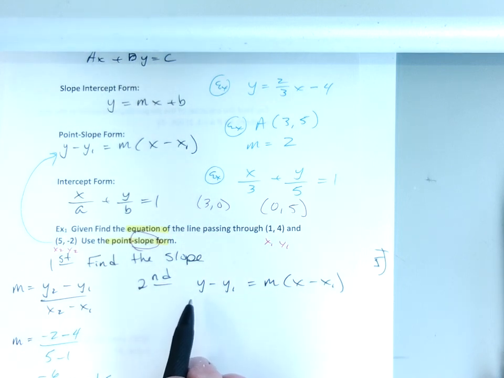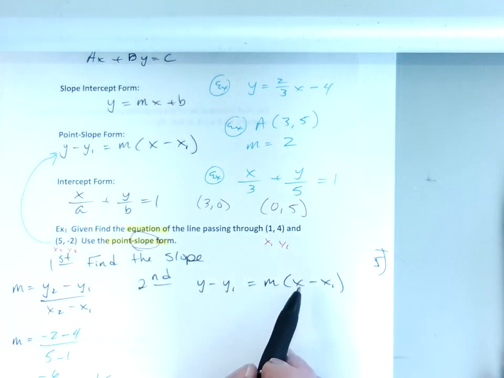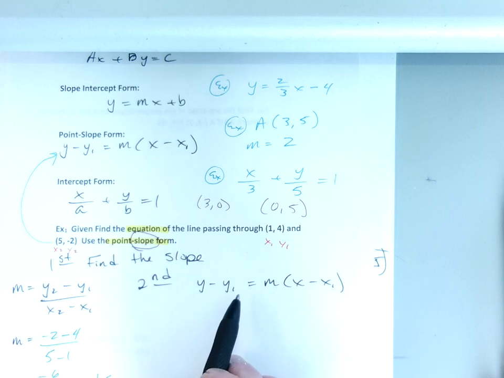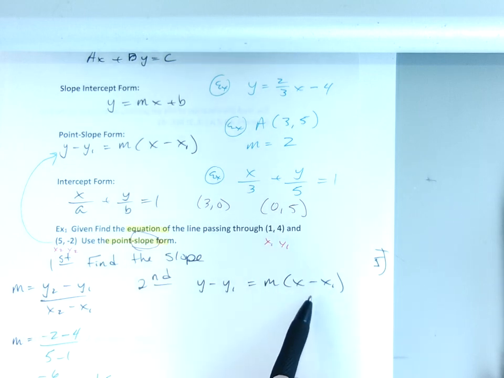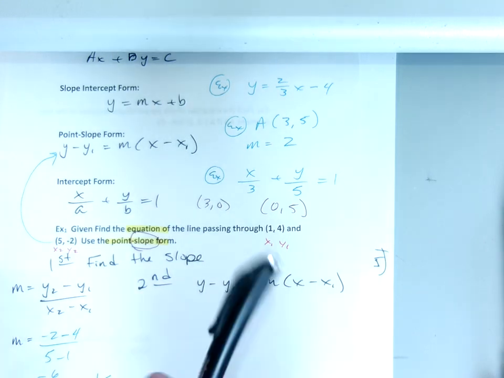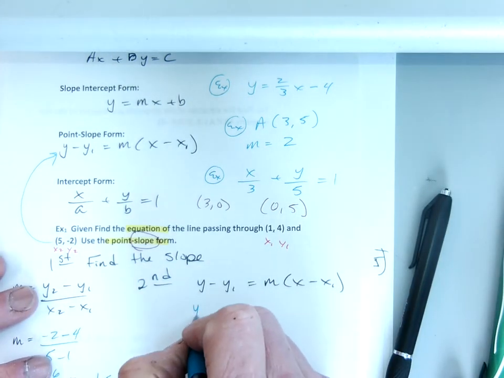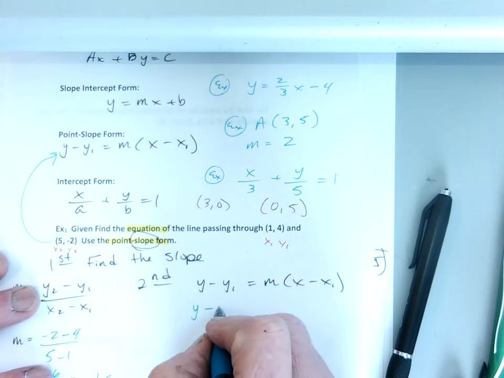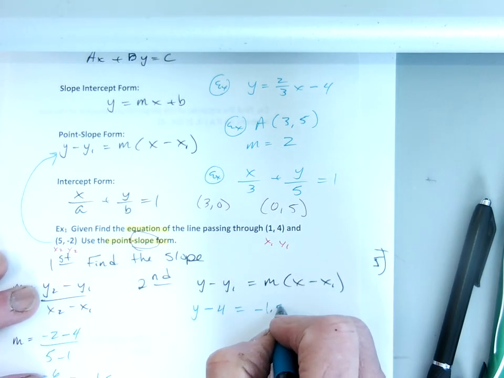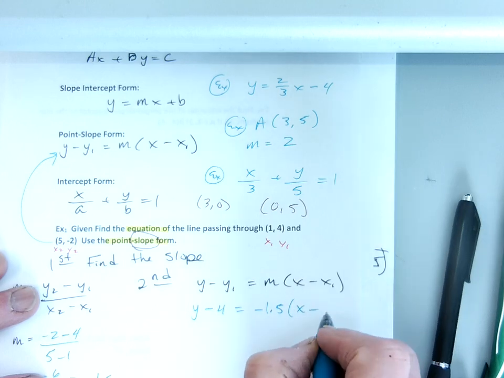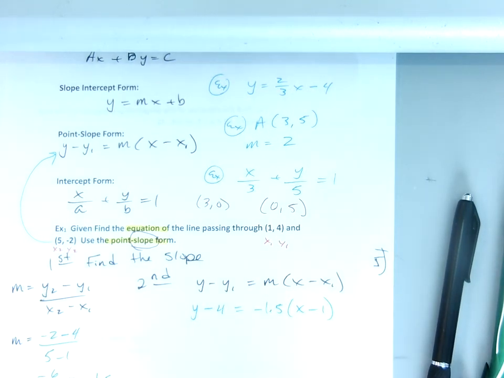Y is my variable, x is my variable, y1 comes from the point, which is 4, x1 comes from the point, which is 1. So y minus 4 equals negative 1.5 times x minus 1. Then I'm almost done with this problem.